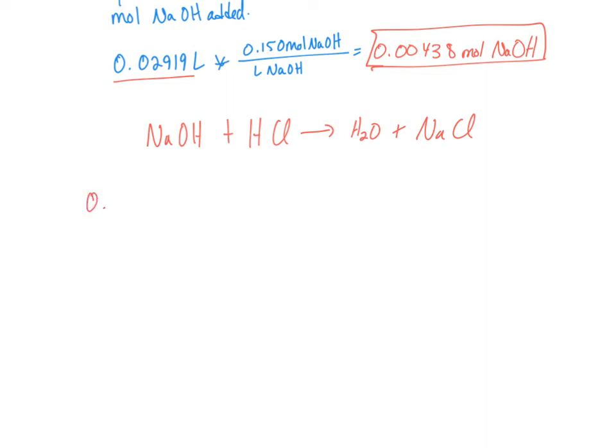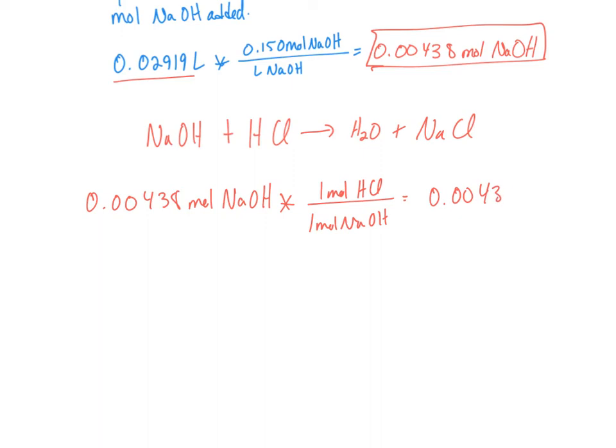So another way to do that, 0.00438 moles of NaOH, I can multiply that and say for every 1 mole of NaOH I get 1 mole of HCl. So that means that we have the same number of moles of HCl.